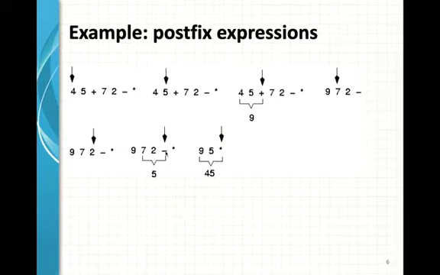And now this pointer gets an operator, that is minus, a binary minus. So again it needs 2 operands, so it retrieves these 2 operands, 7 and 2, and applies the minus on them. After the operation is done, this value will be 5.